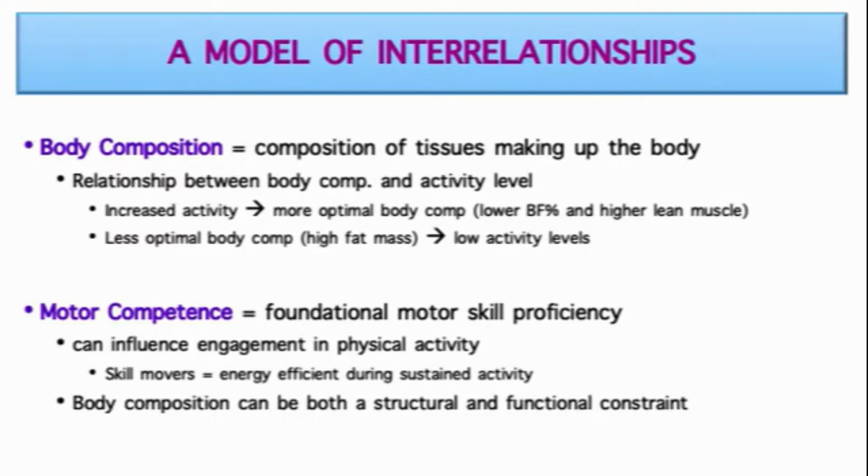So in that way, body composition could be a structural constraint because it's restricting or limiting the amount of movement that can be done, which might deter some individuals, or it might limit how good an individual could be versus if they didn't have that excess weight.